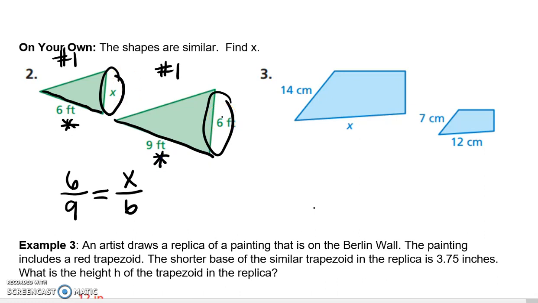You can't mess up the order, or it's going to mess up your proportions. Always go back to your original shape. So 6 over 9 equals x over 6. Go ahead and solve number 2 on your own, set up number 3, and solve it as well.